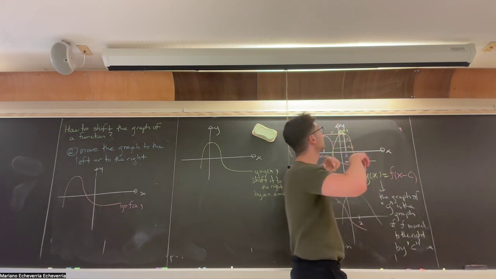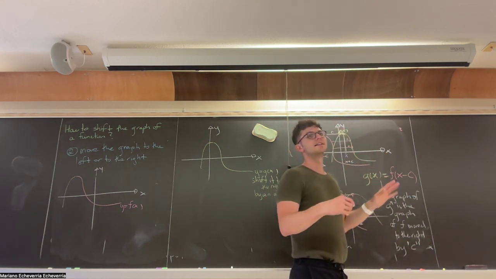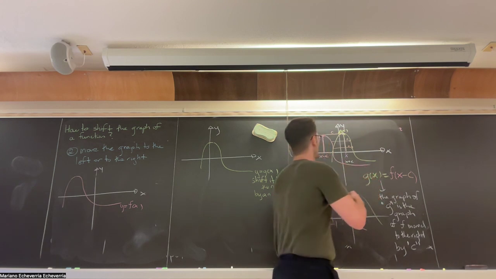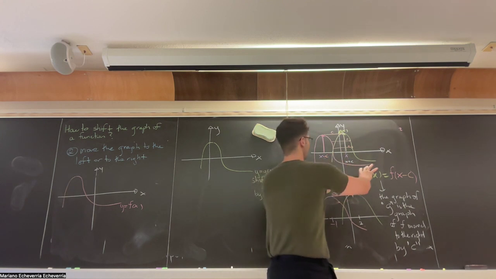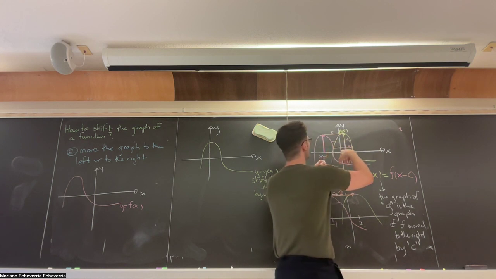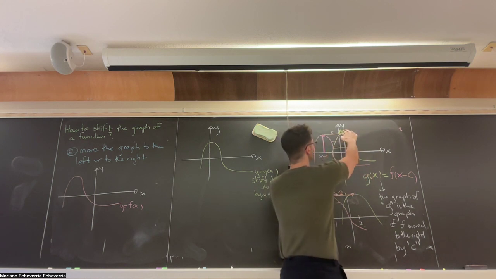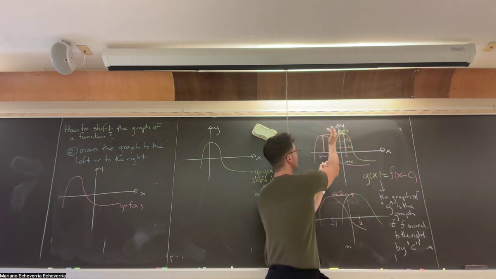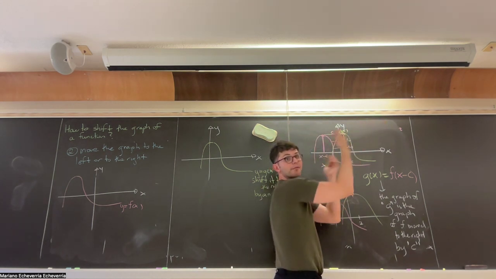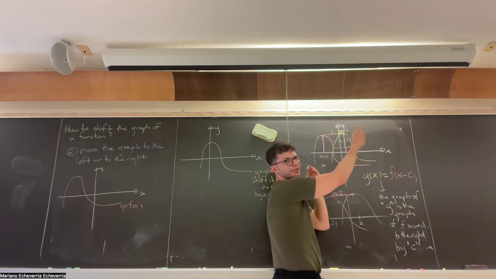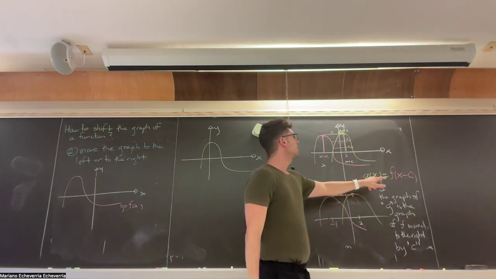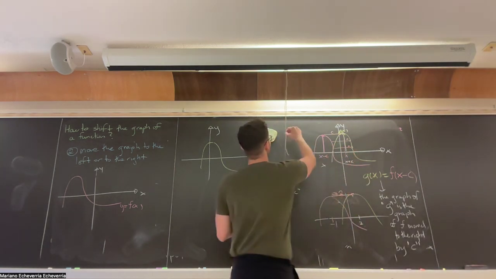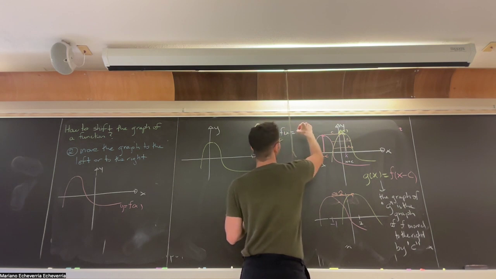I want to find a rule for the new function. If you do it this way, which is fine, the value that the new function takes is the value that the old function took c units far into the past. When you write a function, you write something like f of x equals x squared.